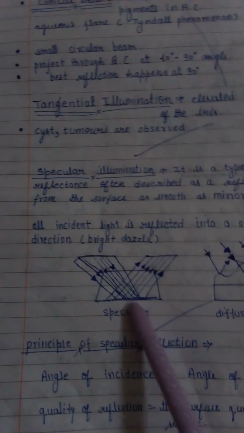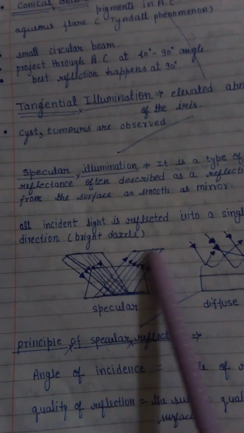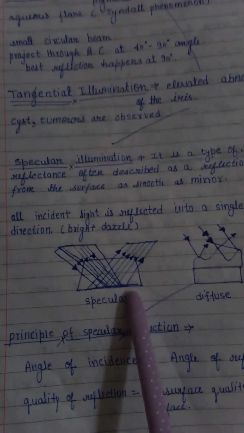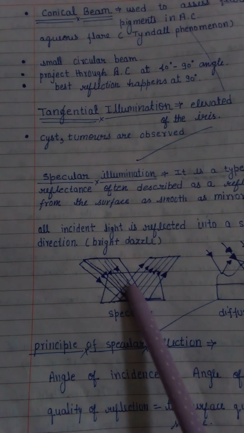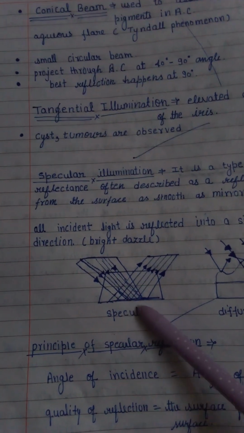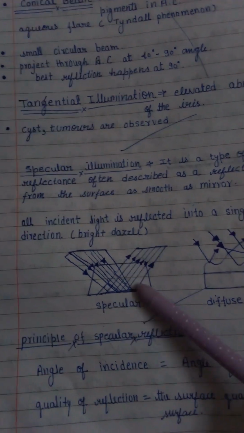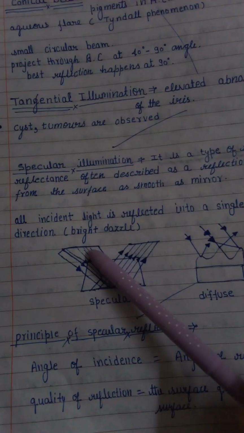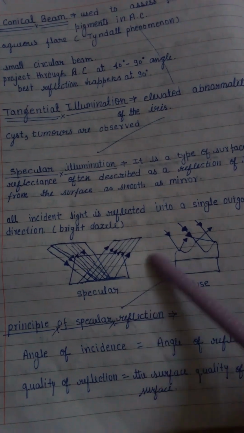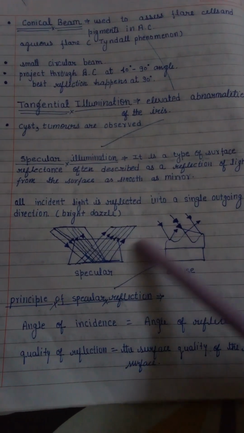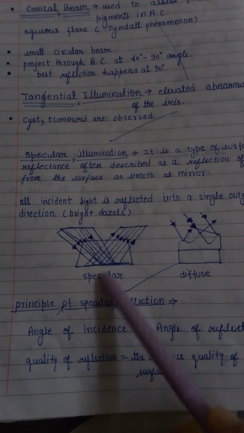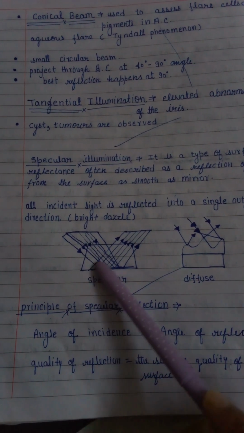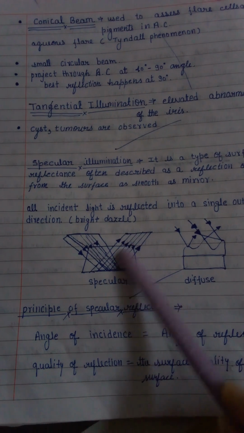We always need a smooth surface for specular reflection. Here the rays are coming from here, this is the incident light, and this is the reflected light. So the angle of incidence and angle of reflection are in the same plane.